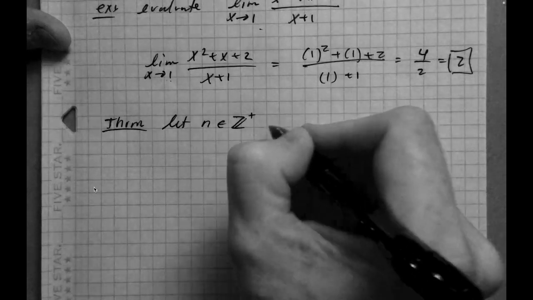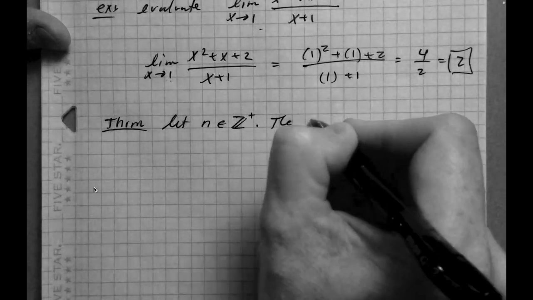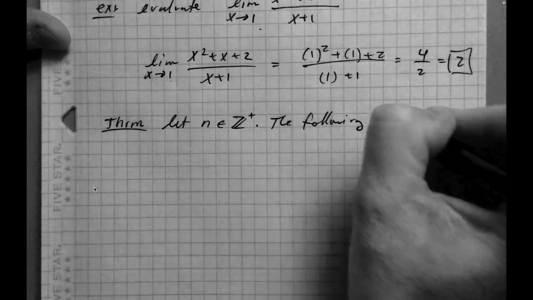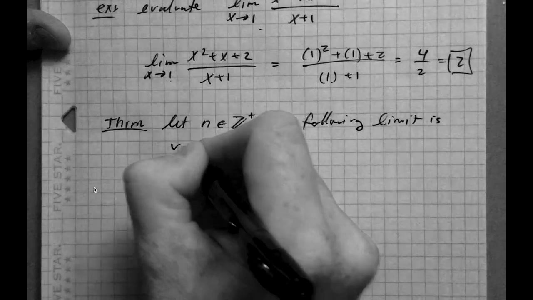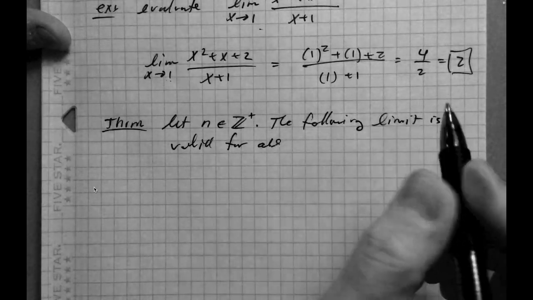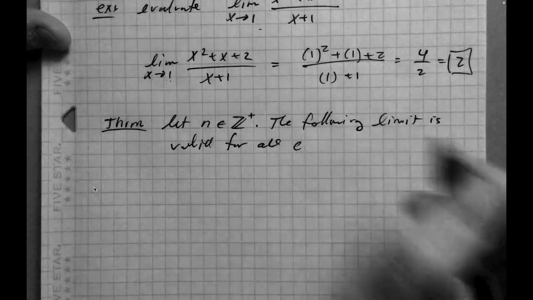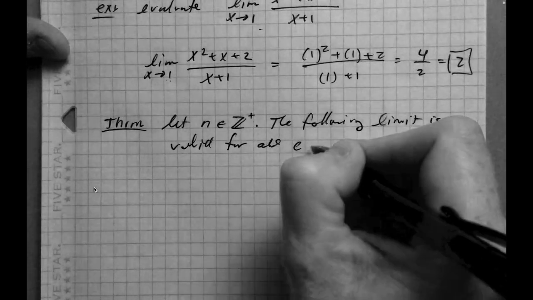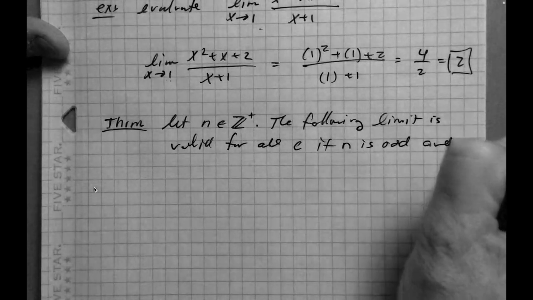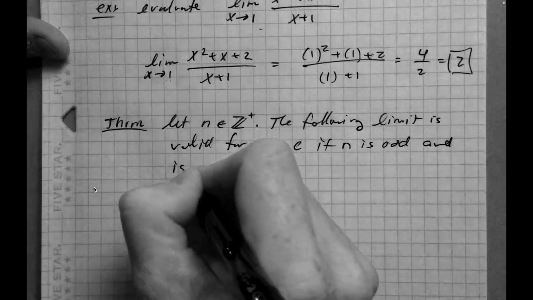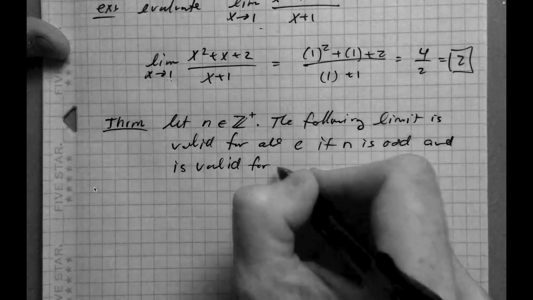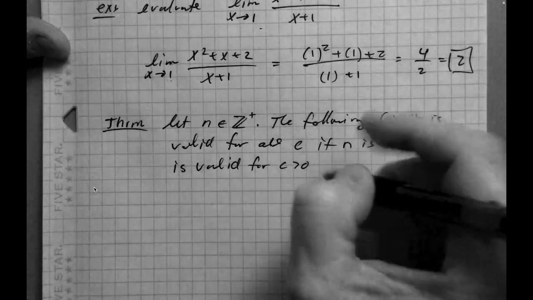Then the following limit is valid for all c if n is odd, and is valid for c greater than 0 if n is even.